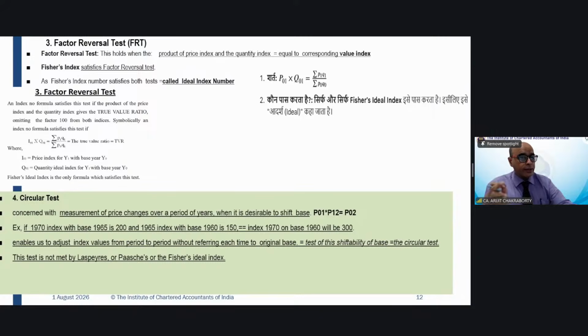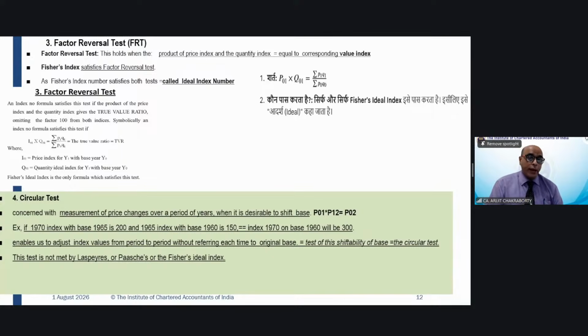Now first we'll take 1960 and 65. 1960 we are taking as base year. Chaliye, 1960 is the base year. 1965 index is 150. That means 1960 से 65 में 100 से 150 हो गया, 5 साल में 100, 150 बन गया, 50% increase. So P01 we can write as 150.